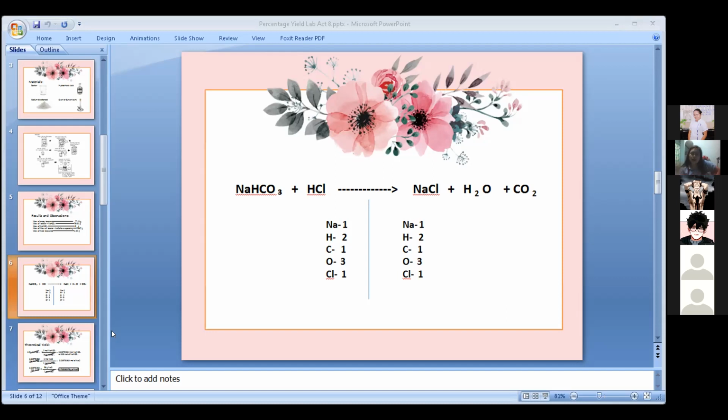Pero sa actual, we are doing experiment, nagasunod ta og procedure, and then sa actual, based sa given, wala siya nasunod ang law of conservation of mass nga nag-ingon na matter cannot be created nor destroyed. Kay ang atuang na-compute na theoretical yield 1.729 something.